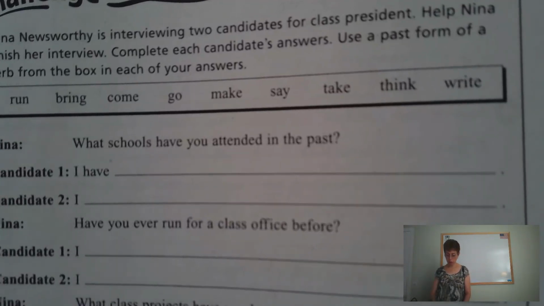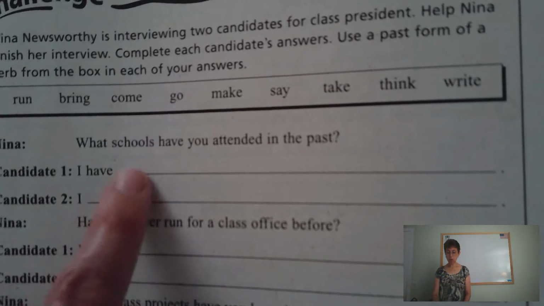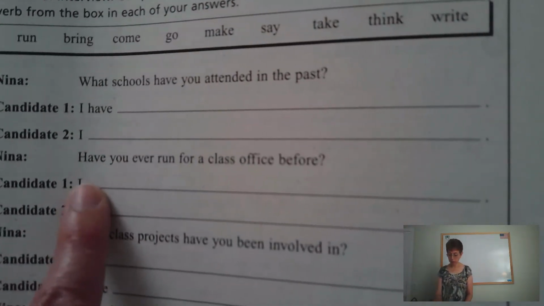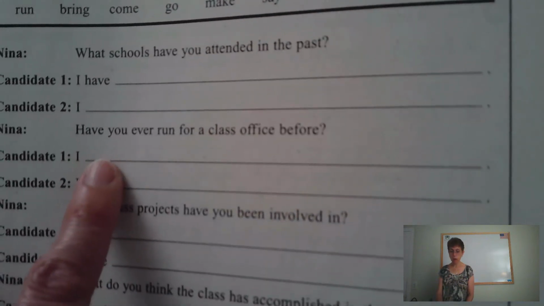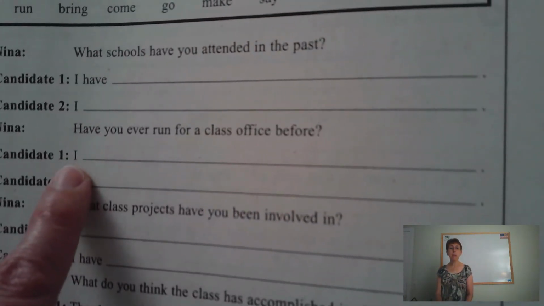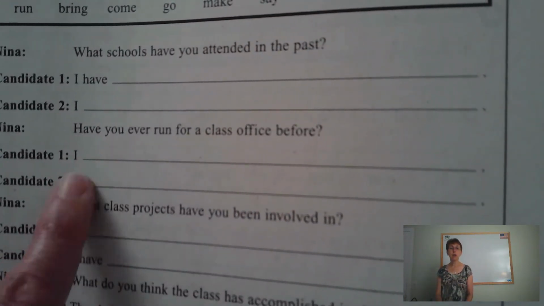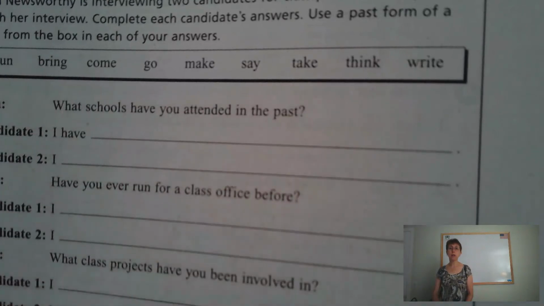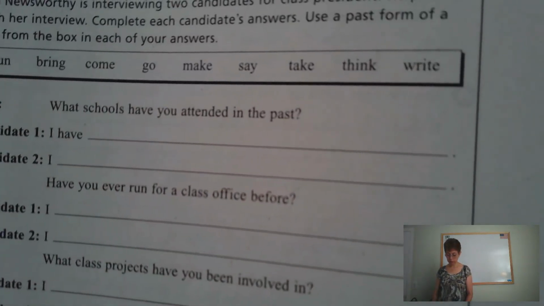And remember though, each verb that you're using is going to be different. So down the next one, have you ever run for a class office before? You have the two candidates each just starting out with I. There is no helping verb, but you want to use a different verb for their responses.